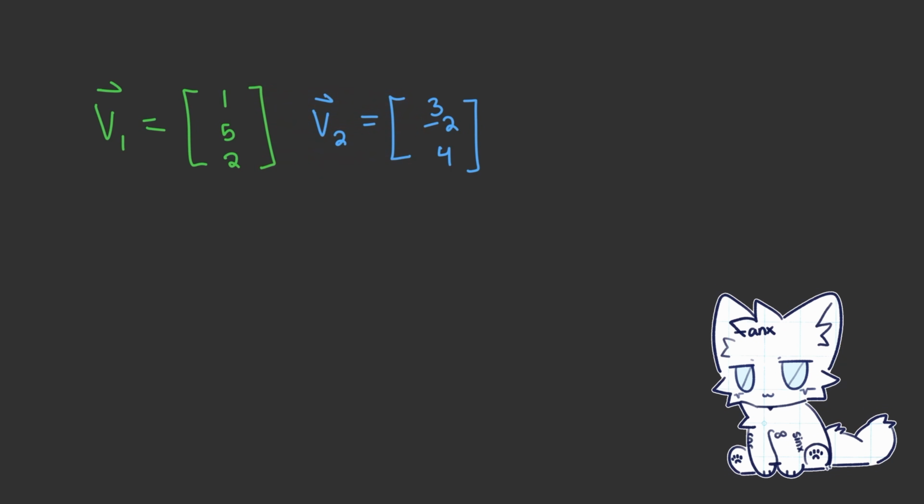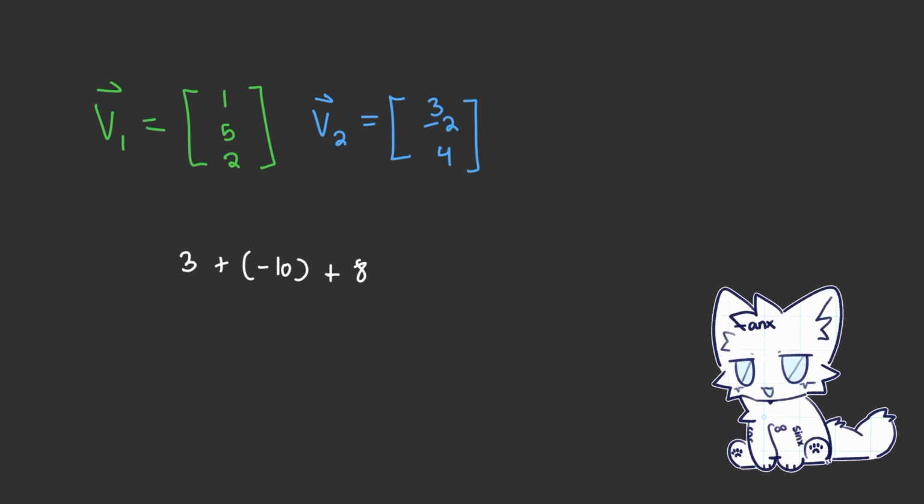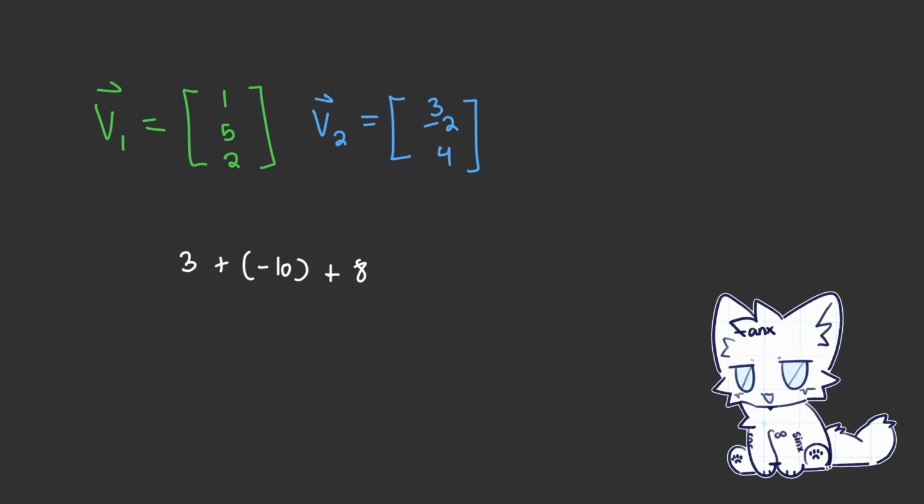Very direct. So multiplying 1 and 3, we get 3, plus 5 by -2, which is -10. Then 2 and 4, and that gets us 8. So 3 minus 10 plus 8 should be 1. I hope that's correct, and this would be our final answer. It's as simple as that.